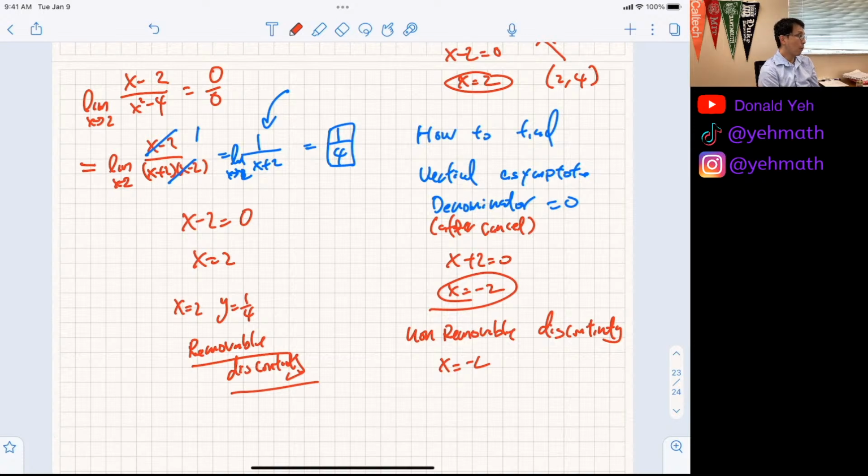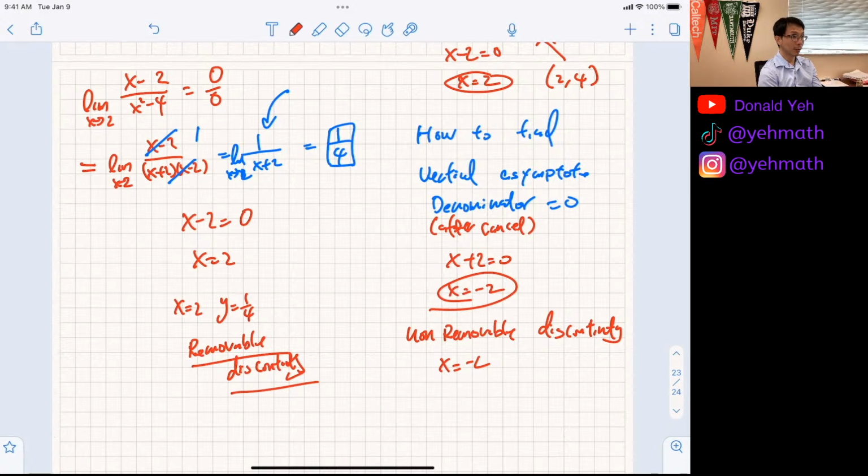Why? Because that's a hole. The second one is not a hole. The second one's a vertical asymptote. A hole you can plug. Imagine you have a hole leaking in a water bottle. You can take a tape, just tape it, or bubble gum, you can chew it and fill the hole and it will stop leaking. Hopefully. Right? So that's called removable discontinuity.